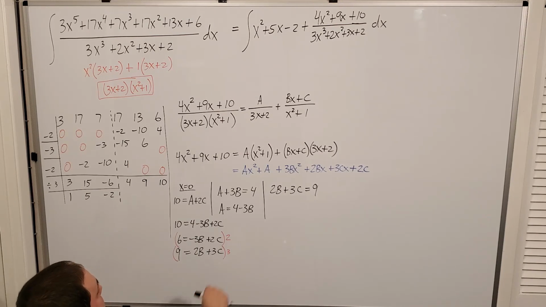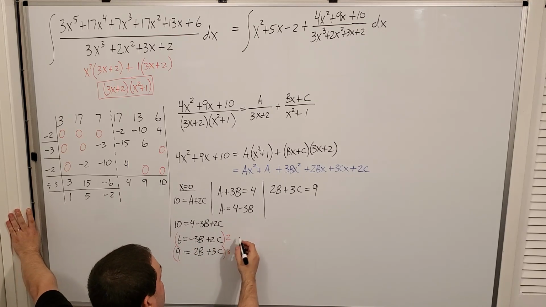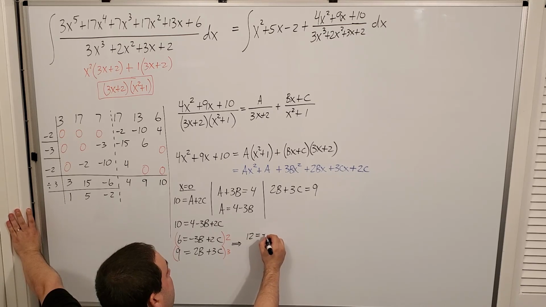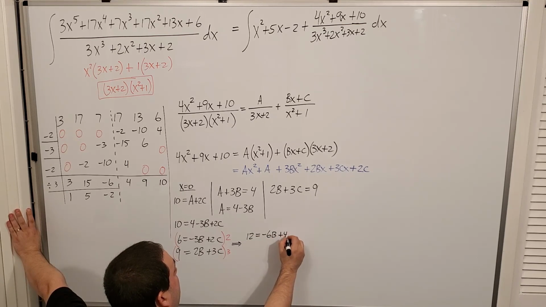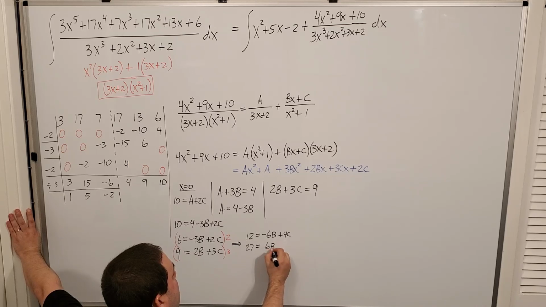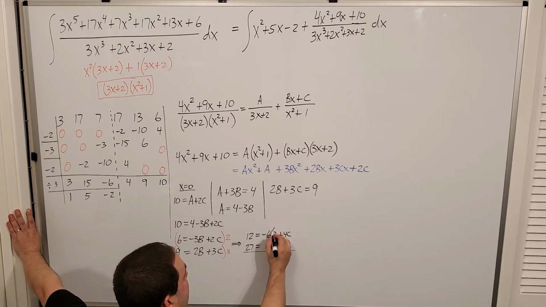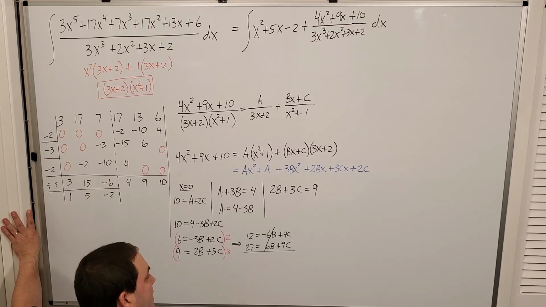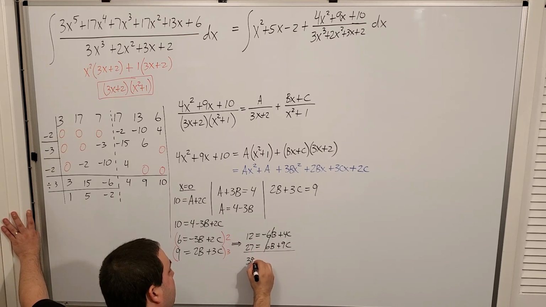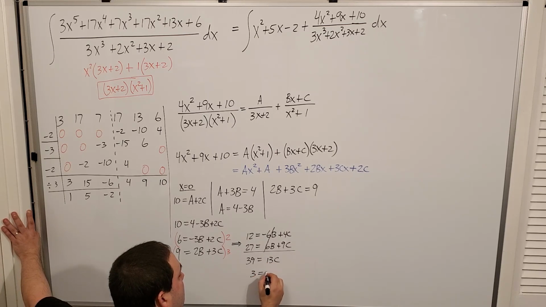Okay, so what does this become? I have 12 is equal to negative 6B plus 4C. And right here, 27 is equal to 6B plus 9C. So when I add those two together, my B's will eliminate, leaving me with 39 is equal to 13C. So in other words, C is 3.